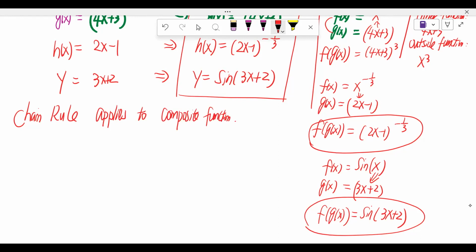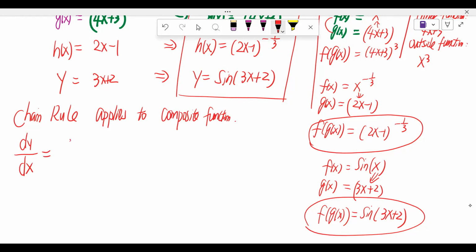And then the chain rule goes like this. Let me quickly show you some algebraic transformation of this dy over dx. We start with dy over dx. That's basically the derivative of the function y, or f of x.